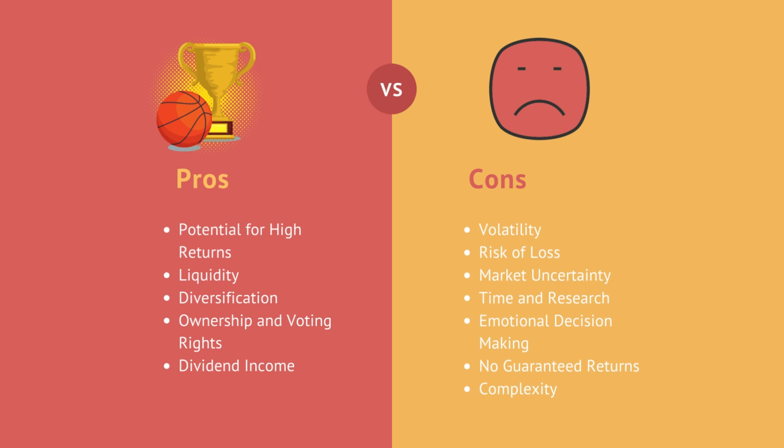And last, as we discussed earlier, another pro is dividend income. If you buy stocks of a company that is consistently providing dividends, it can be a consistent income stream in addition to any potential capital gain from the stock price appreciation.